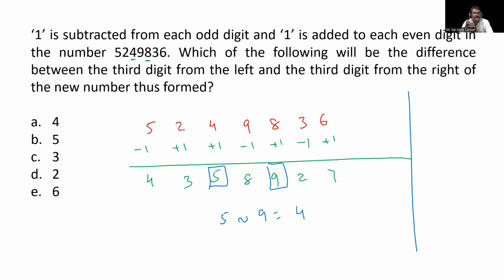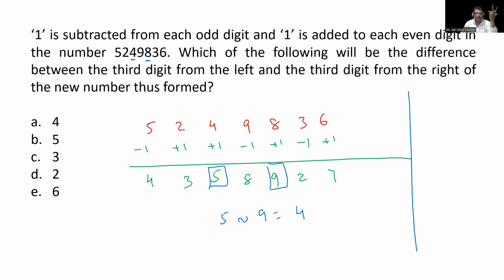What is the condition if the digit is an even number? There is one extra, that means you need to add 1 to 4 and 8 also. Ultimately, what we require is the difference. If you add 1 to each number, then 9 minus 5 is equal to 4. That is one way.